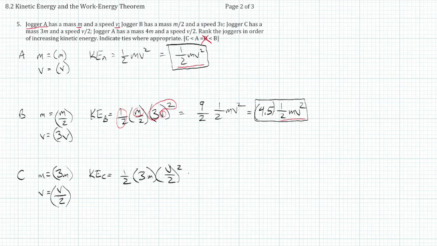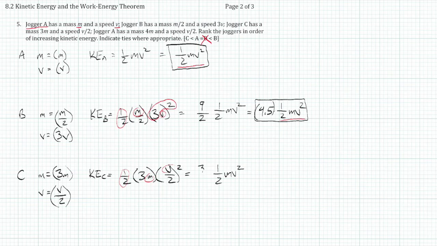How about jogger C? Well, let's circle our 1/2 mv squared. So we got our 1/2 m and our v squared. Let's just go ahead and write that. It's going to be something times 1/2 mv squared. What's going to be out front, however? Well, we have a 3 here in the numerator.